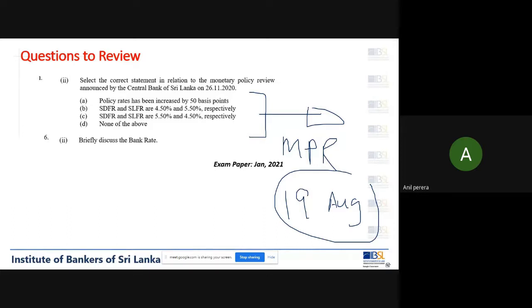Those will be discussed in the first half an hour or so in the next class. I'm planning to discuss the monetary policy review. So have a look into the monetary policy review.